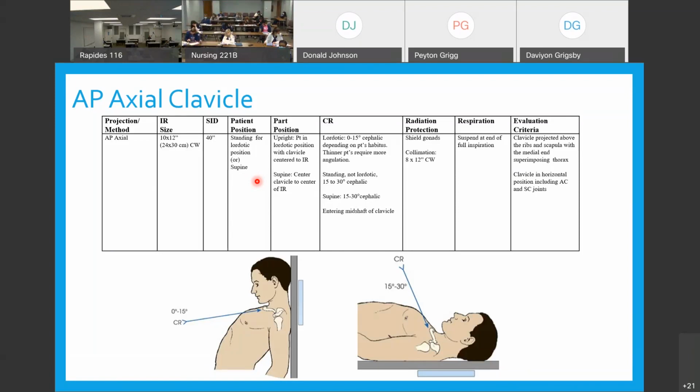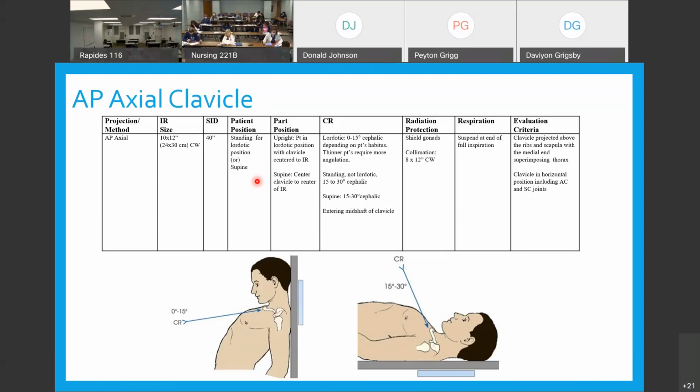Okay, so if they lean back, that takes care of some of your angle. If you can't get that angle, you have to add that back onto your other angle of the tube. Okay, 0 to 15 with the lordotic, or 15 to 30 without the lordosis. Does that make sense? Does everybody understand that?